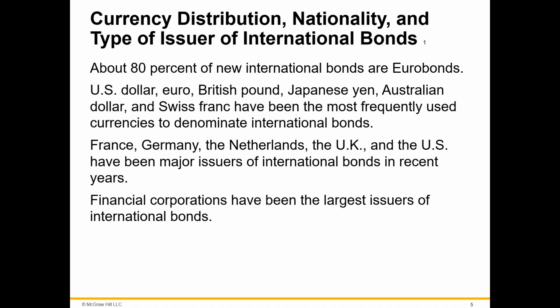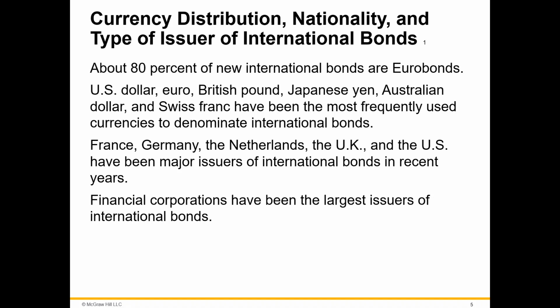And there are a few really common currencies to utilize for Eurobonds. The US dollar primarily, but also the euro, the British pound, the Japanese yen, the Australian dollar and the Swiss franc all have currencies that are utilized in Eurobonds, and that's different than the issuing location, right?